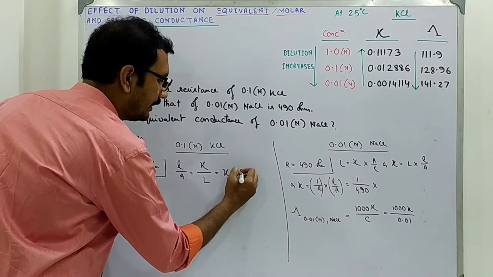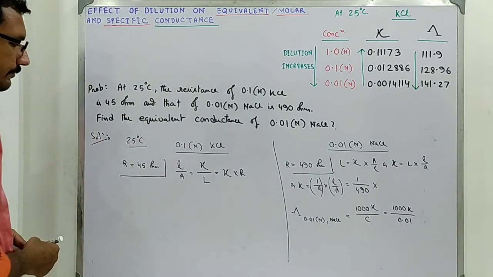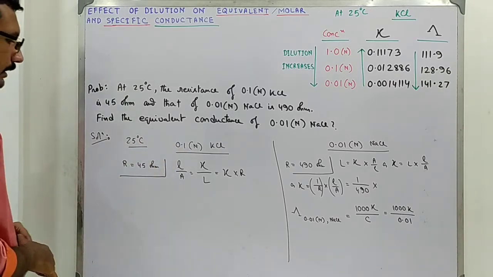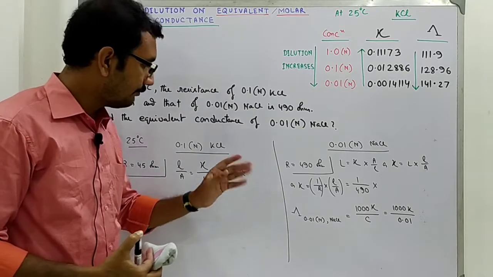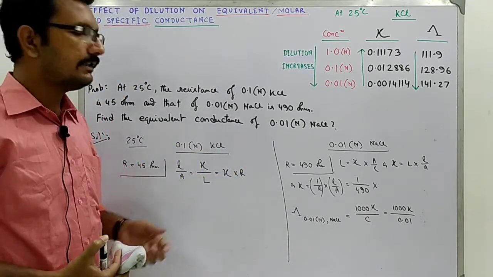So, it will be kappa into R. Okay. Now, you have the value of resistance, it is 45 ohm. Now, from where can you get the specific conductance of 0.1 normal KCl?